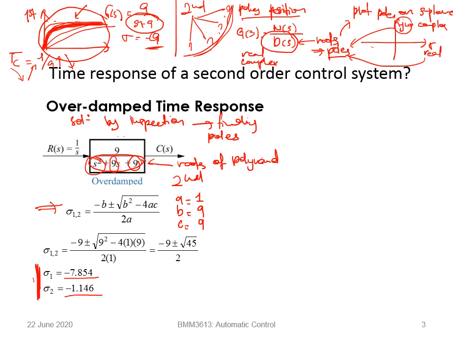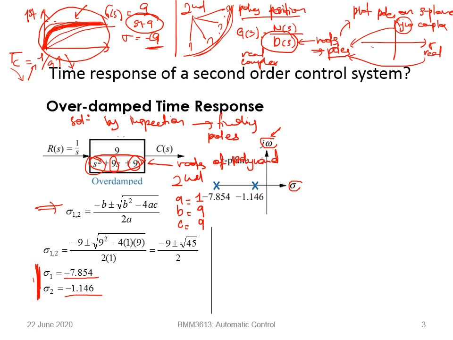As I mentioned just now, the thing that you need to do automatically after finding the poles is to plot the poles on your s-plane. So if we plot the poles on the s-plane, we can see that here you have a j omega axis, and here you have a sigma axis. But are there any use of the j omega axis?